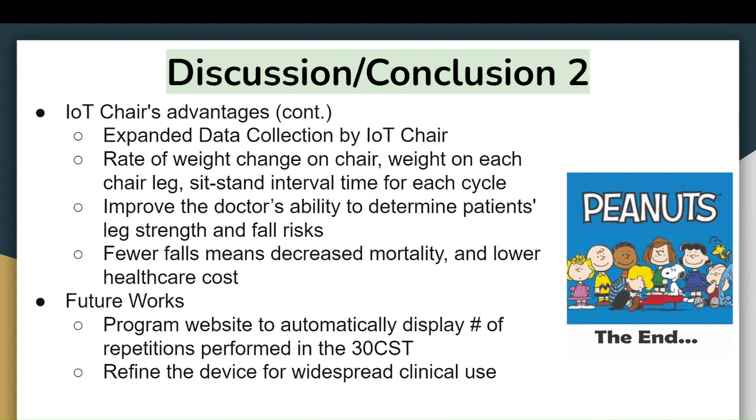Moreover, an advantage of the IoT chair is that it allows for expanded data collection. We can show the rate of weight change on the chair, the weight on each chair leg, and the sit-stand interval time for each cycle. And so by doing so, we're able to provide so much more in-depth information than a doctor would typically be able to see.